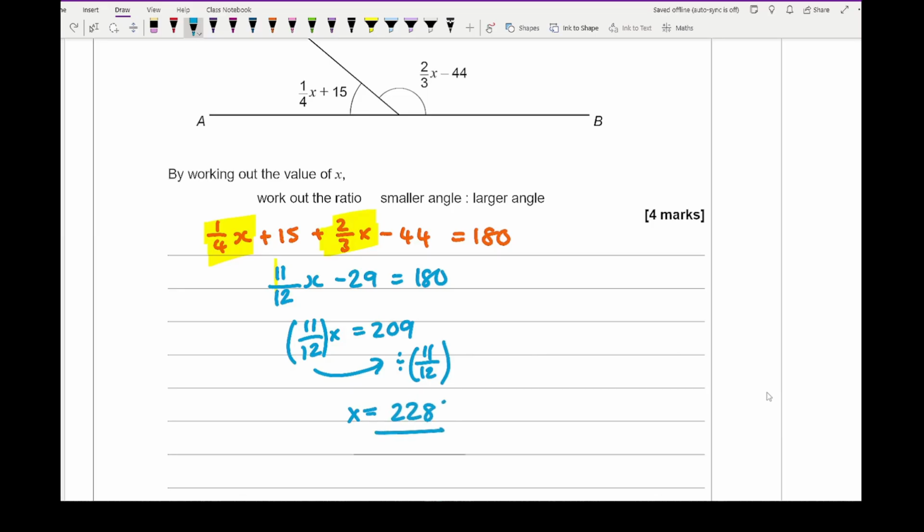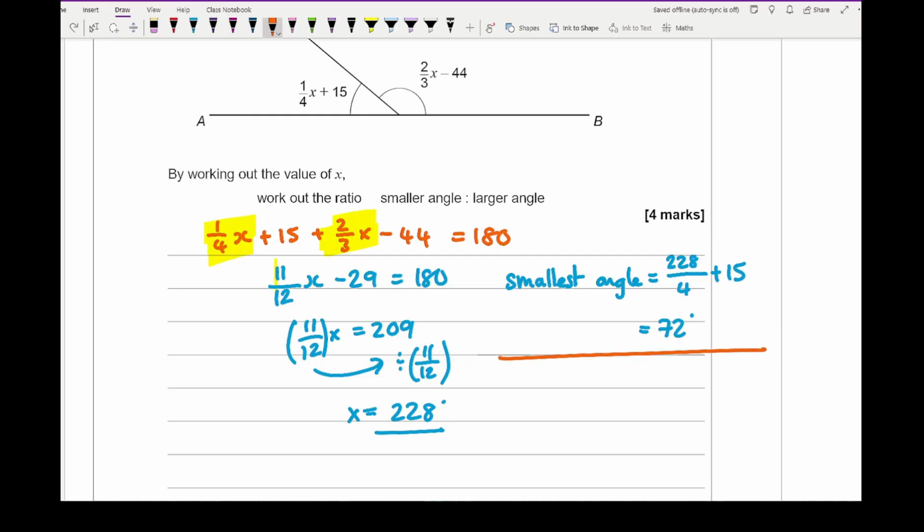And then from this, what I can then do is work out the smallest angle by substituting 228. So that's going to be 228 divided by 4 plus 15, which, typing that into the calculator, gives me a smaller angle of 72 degrees.